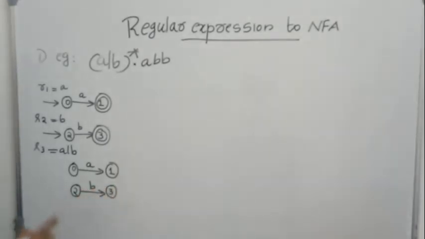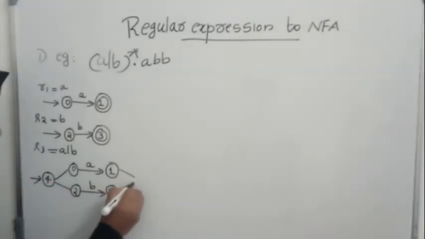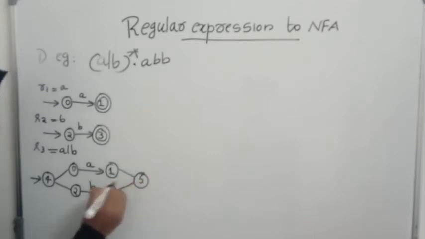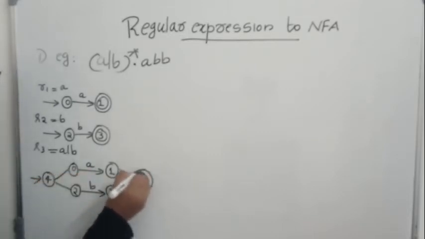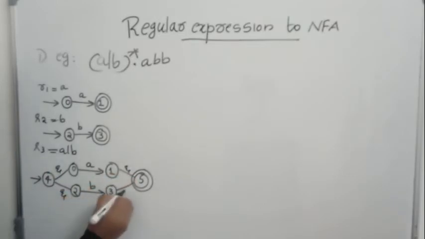Again we won't be drawing any final states because we are including a new final state. Now we have to connect these two NFAs to a new start state and to a new final state using epsilons. Alright, now A or B is ready.